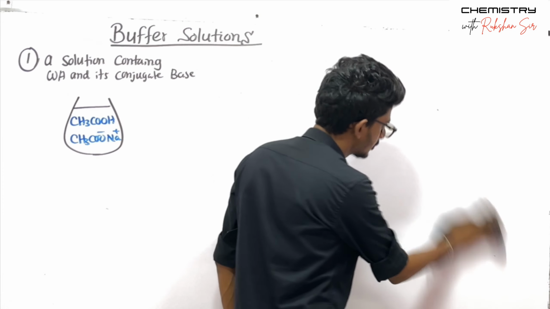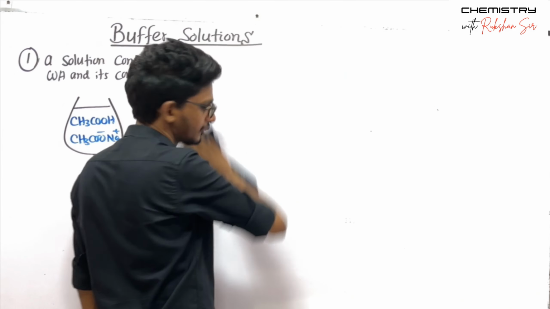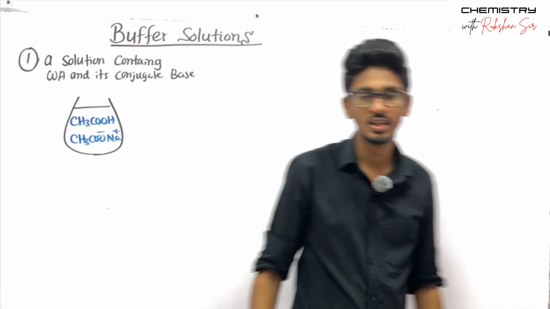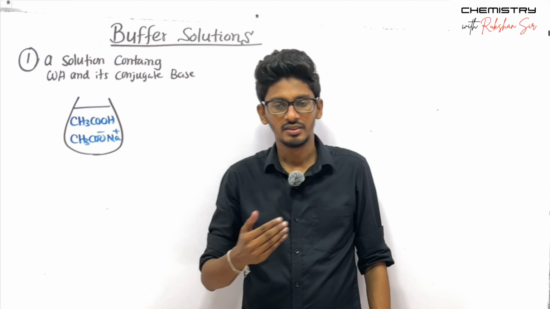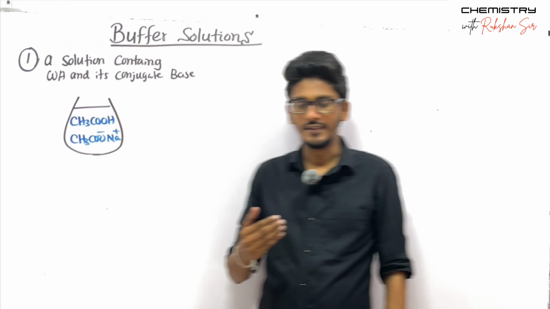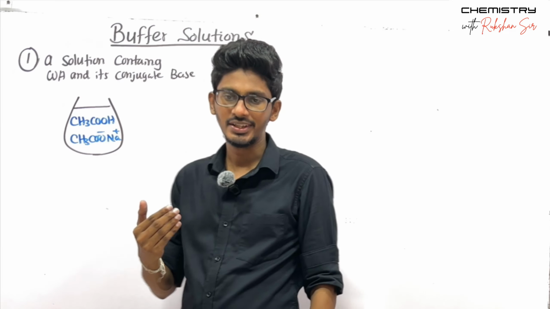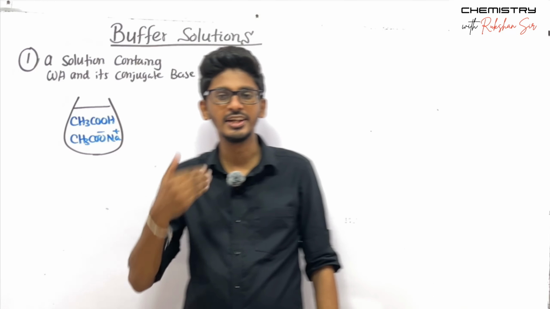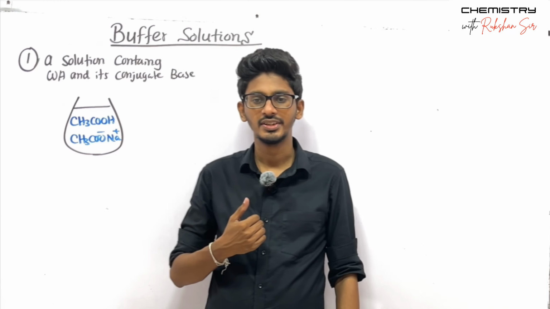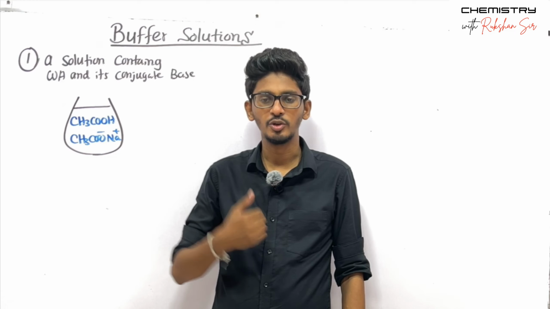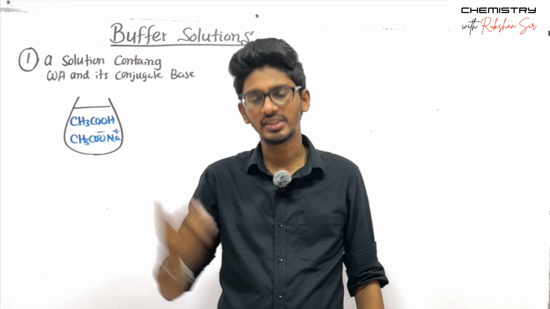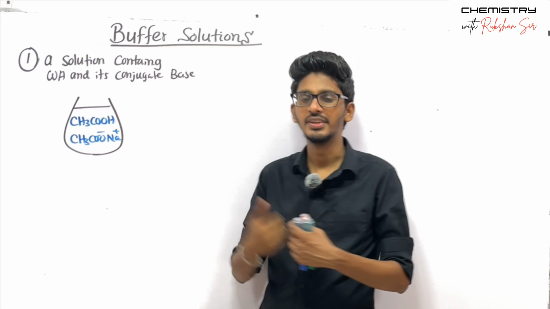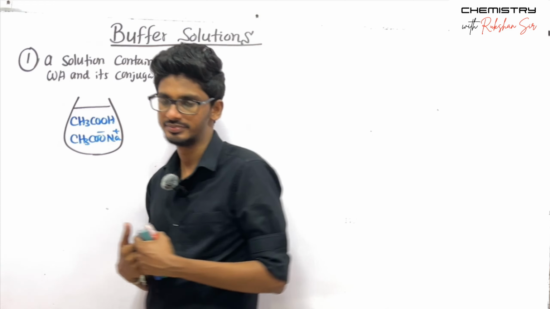If you had been asked to explain the buffer action of a buffer solution, what you're supposed to do is mention that if you have added some H plus from a strong acid, H plus will be consumed, totally reacted by the base in the solution.